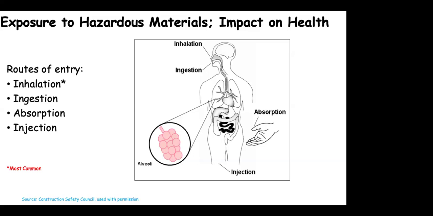Absorption, it could be through the skin. Injection, mostly using syringes and all of that. They can be injected, okay? Can you give me an example of hazardous materials that can be injected into the body?